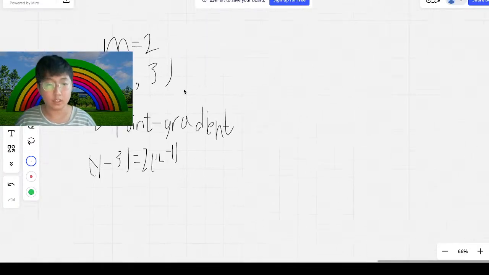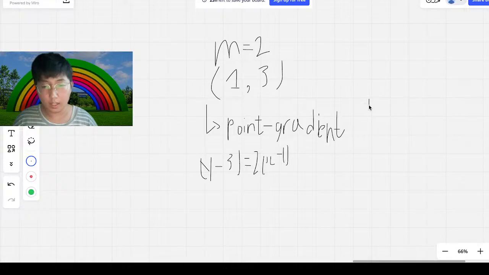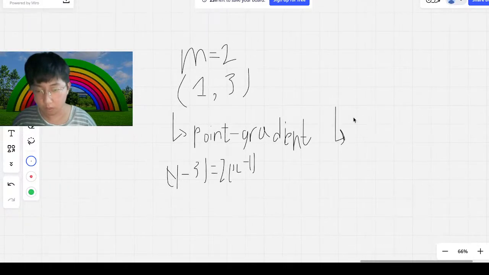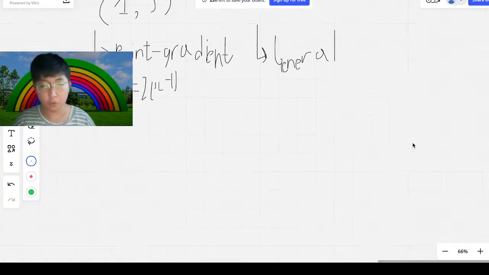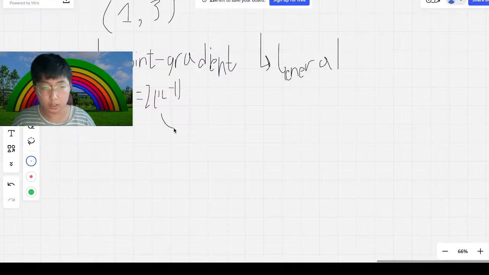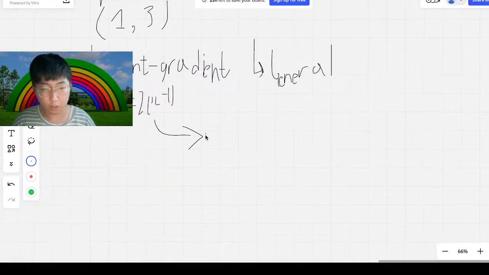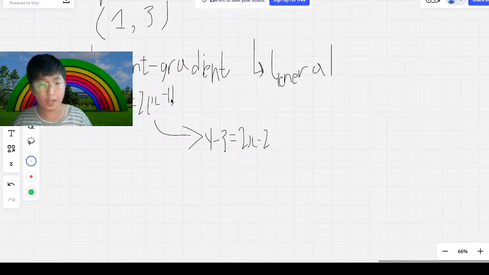But what if it asks us to find it in general form? Then we will try to solve this in order to make this general. We have y minus 3 is equal to 2x minus 2 because of expanding the brackets. Then we can subtract y from both sides, or subtract 2x from both sides and then multiply by -1.